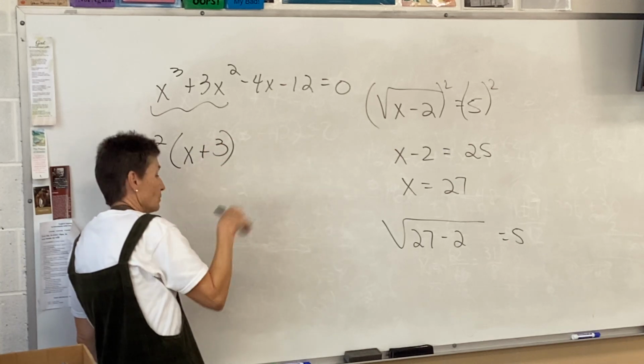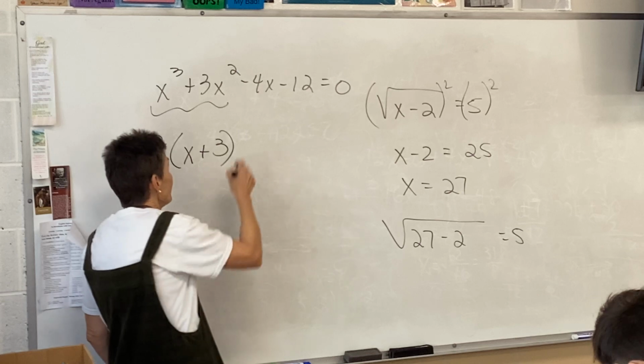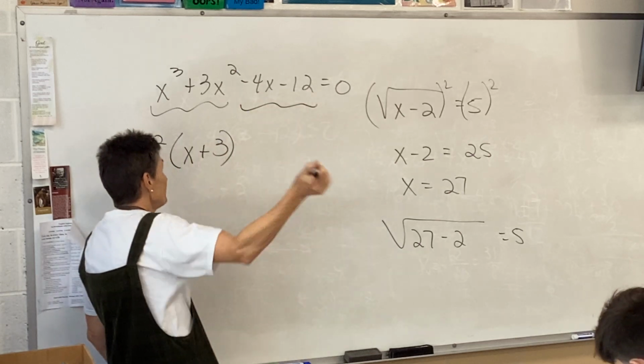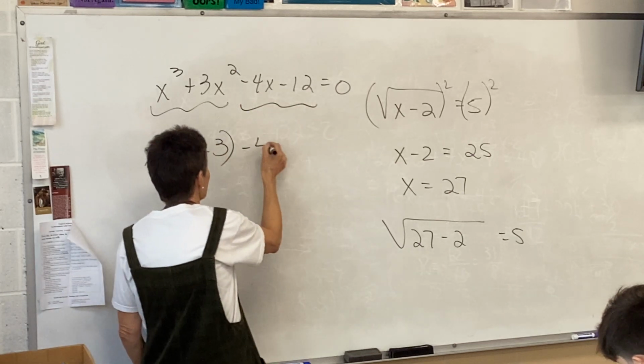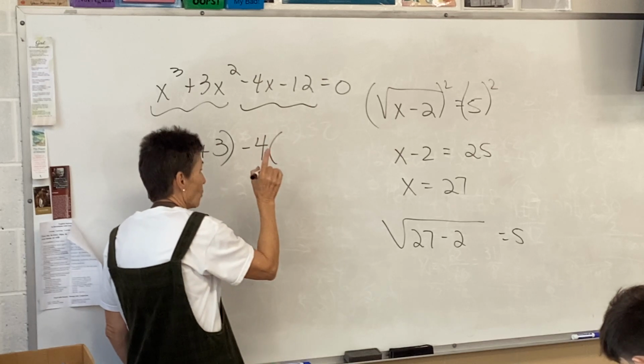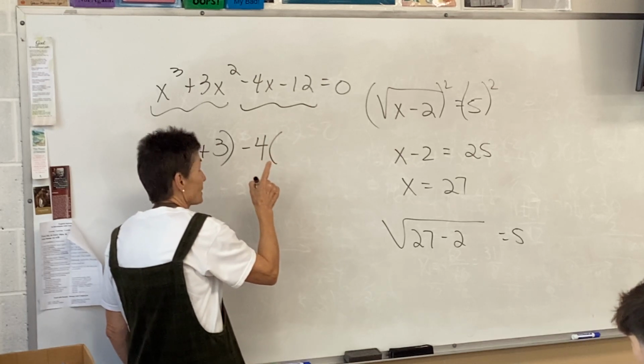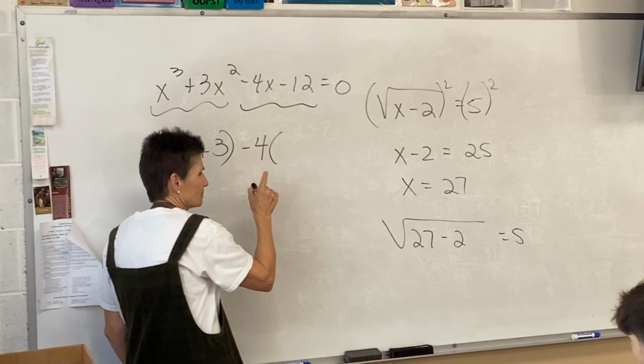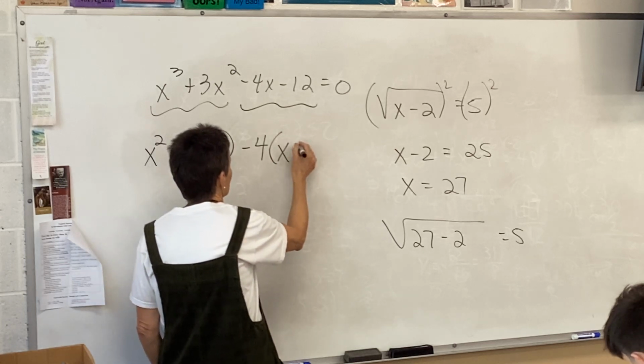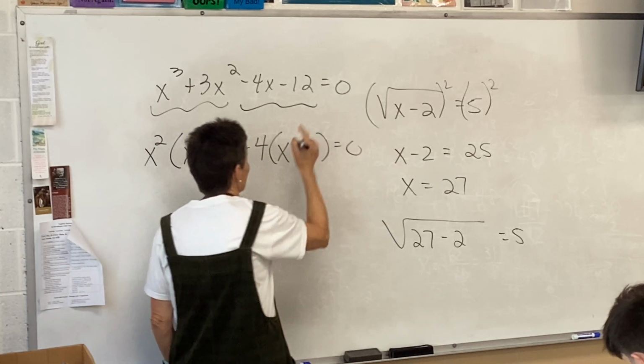Beautiful, absolutely beautiful, perfect. Then, all right. Keep going. And then negative 4. Yep, take out a negative 4, so watch carefully. And then it's gonna be x plus 3. Beautiful, because we took out a negative.